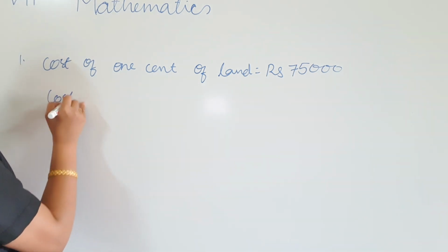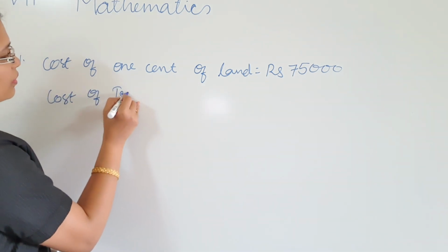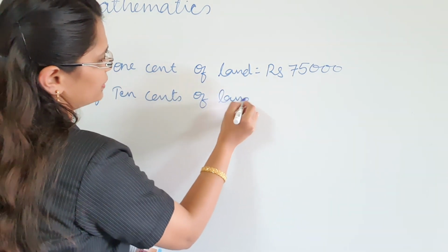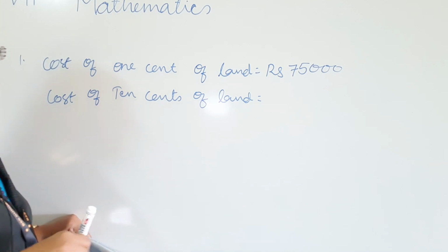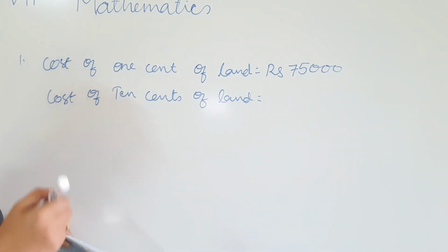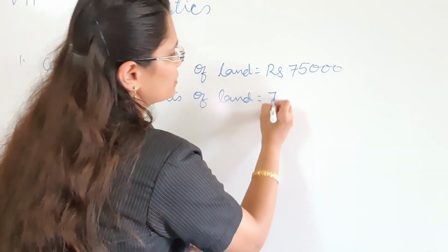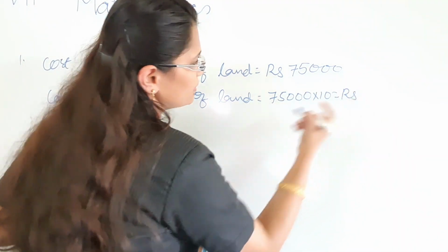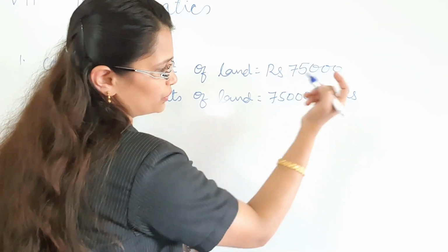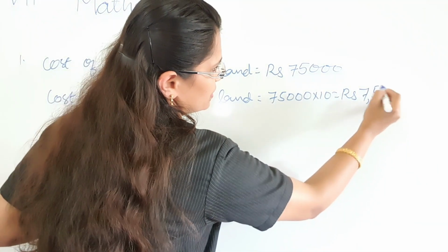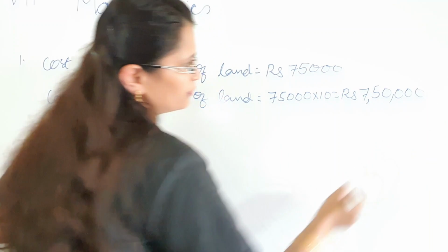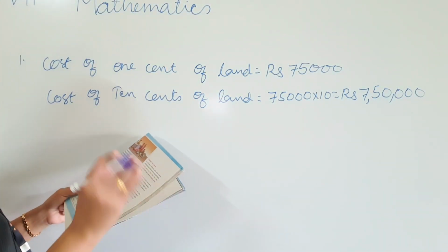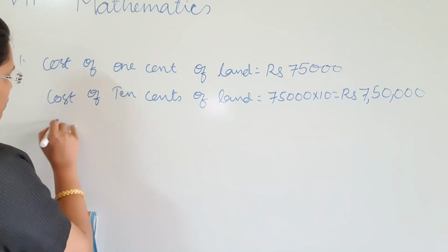So cost of 10 cents of land is equal to rupees 75,000 into 10. 75,000 into 10 is equal to rupees, just add one more zero here. So it will become 7,50,000.